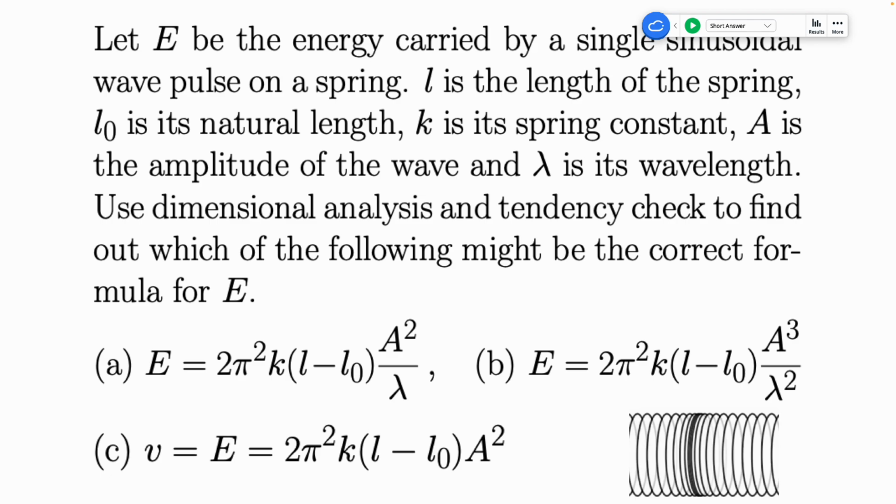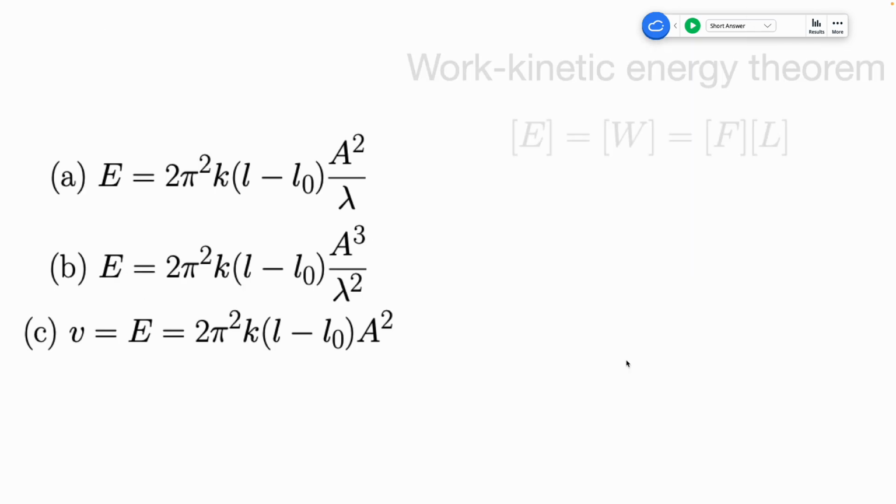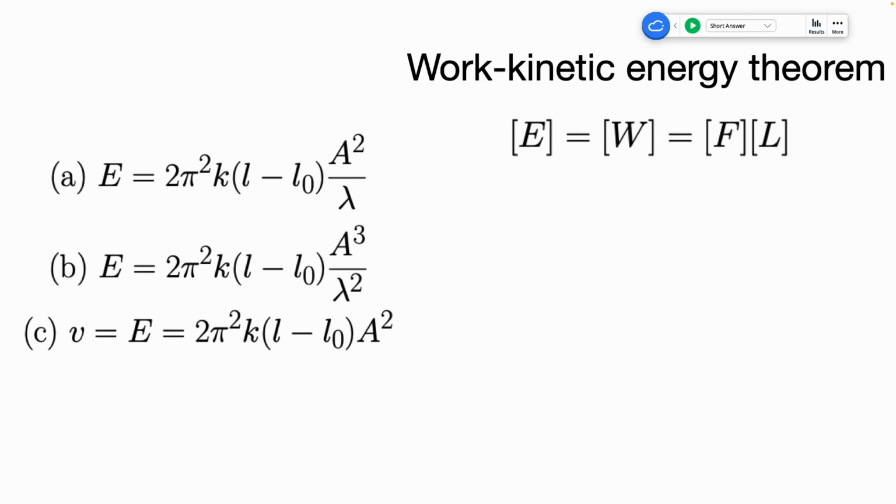There are some tricks when you are doing dimensional analysis. For example, you should know the work-kinetic energy theorem, or that work equals force times distance, or force times displacement. So if you want something that has the dimension of energy, you can just look for a force and a length instead of breaking everything down to length, time, and mass.